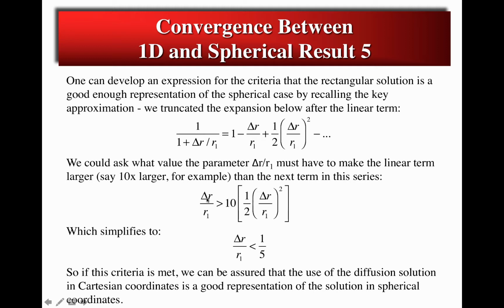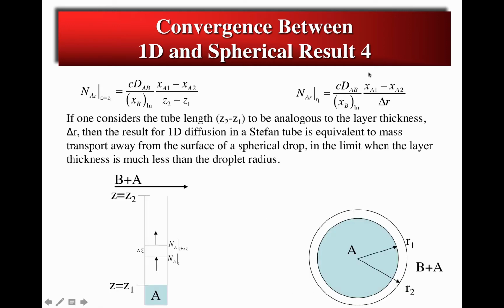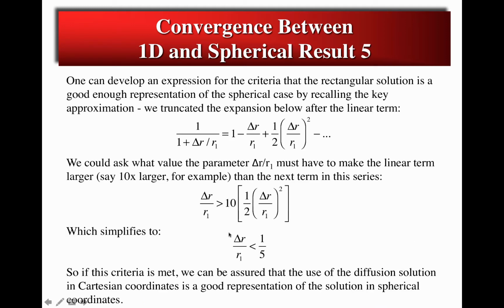So if I compare just the linear term with the next term in the series, this will give us a good feeling for when the approximation is valid that lets us write this expression in a form that looks essentially the same as the rectangular coordinate or the 1D case. And the result from that comes out to be that if the layer thickness is less than about 20% of the radius of the particle, then we can use the diffusion solution in Cartesian coordinates as a good representation of the solution in spherical coordinates.